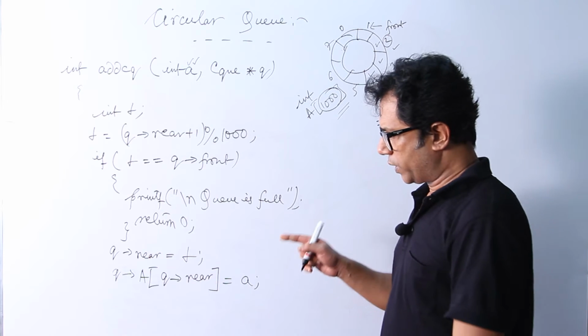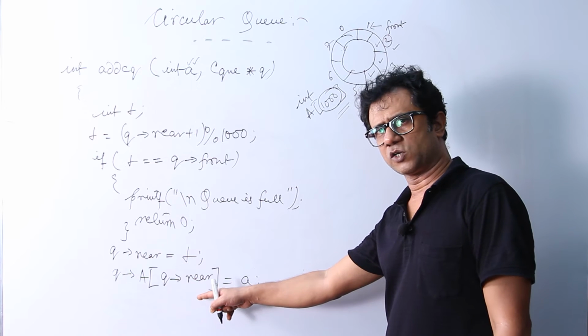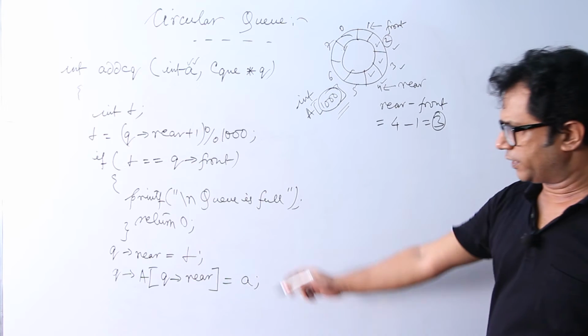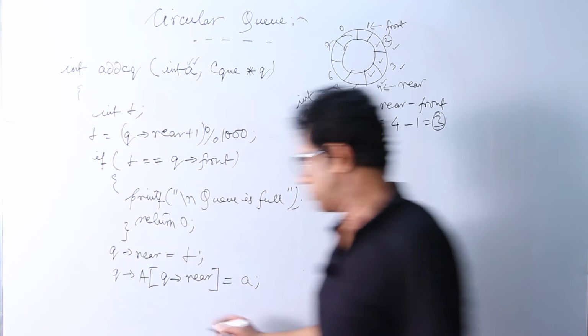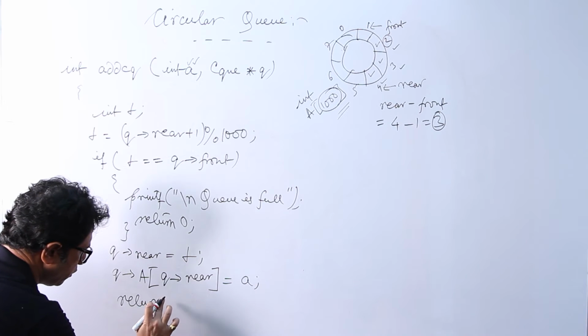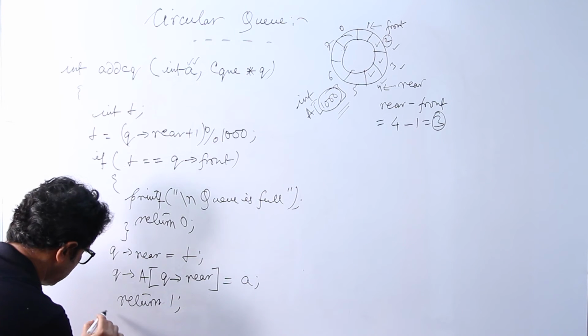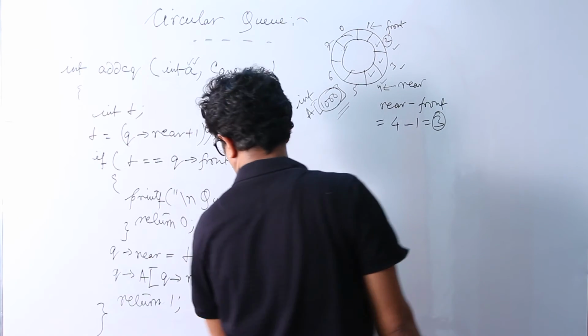After this we are left with only one statement: since this is a successful operation, we will just return 1 after this line and end the function body.